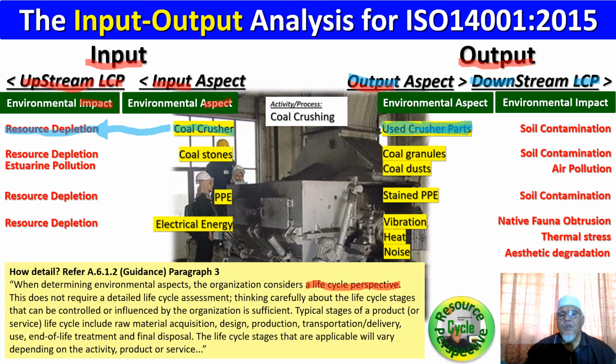Therefore, the used crusher parts, what happens? It interacts with the environment. How? It is being placed in a certain solid waste bin, probably. It can be sold off to some metal recycler, which is good. And there are some residues and there's some air pollution as well. I didn't write it there.